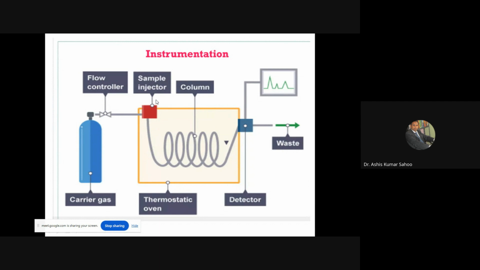The flow can be controlled here. Then the column is given here. From the sample injector, the column is a coil in a thermostatic oven. And here the detector will detect the compounds. In this way, waste will be removed.